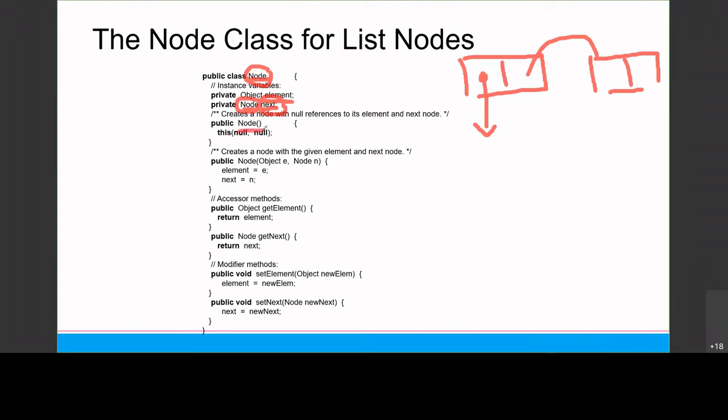So this one is the node. This is the constructor. If there is no element, then just null, null. But at first, you can define what the object is and what the next node will be. So for example, if I have the data, this is Hankuk University. What is the next bus stop?